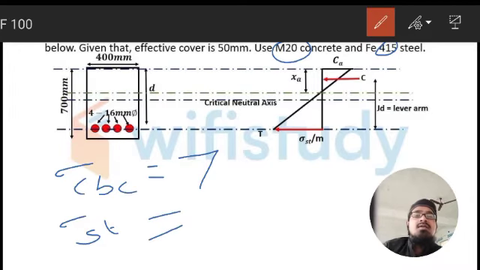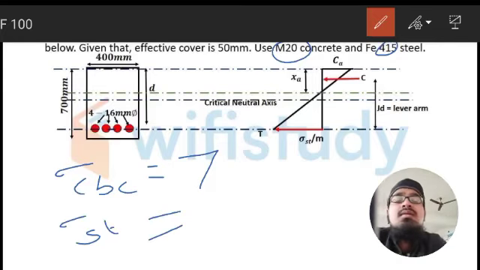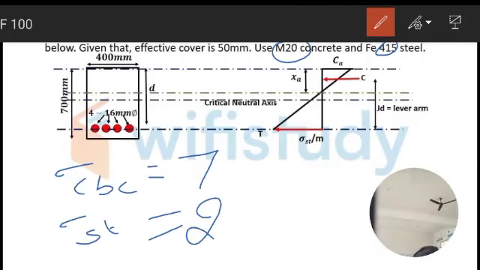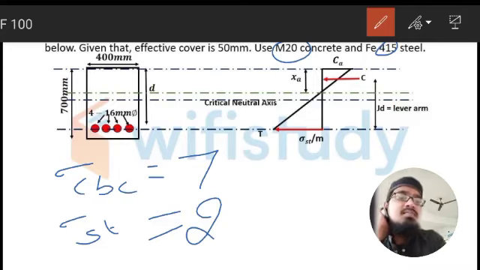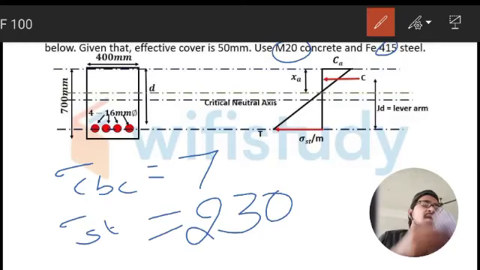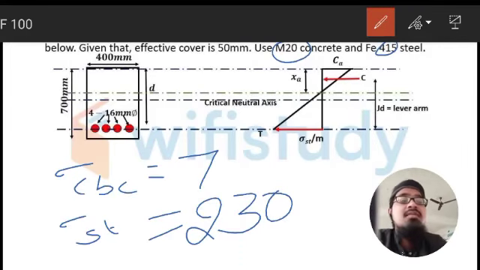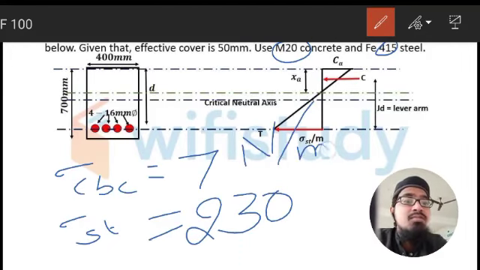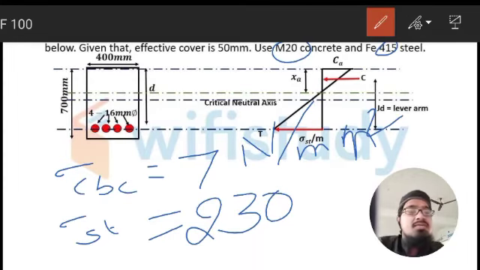For Fe 415, sigma ST will be equal to 230 Newton per mm square, and sigma CBC will be equal to 7 Newton per mm square. Both are denoted by the unit Newton per mm square.